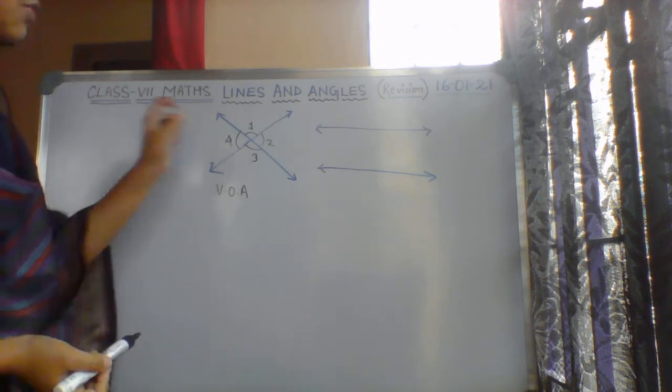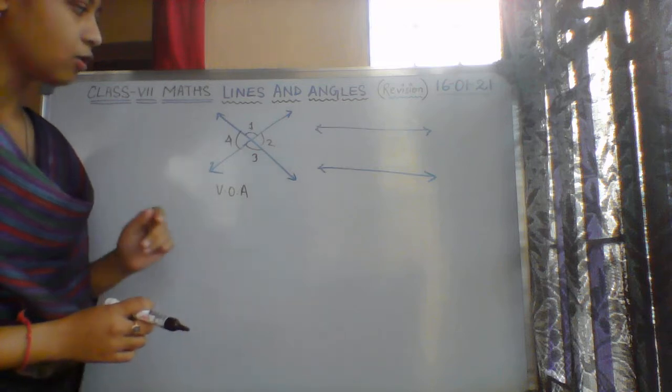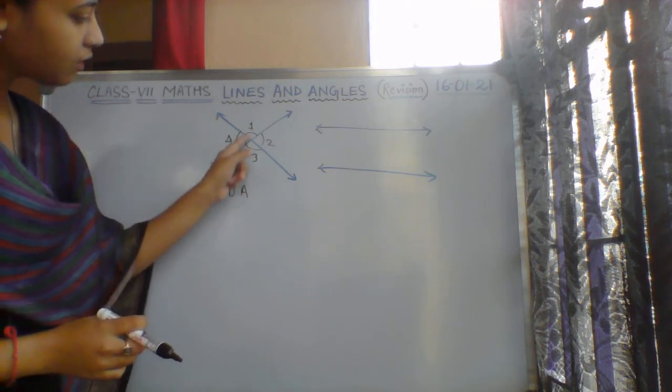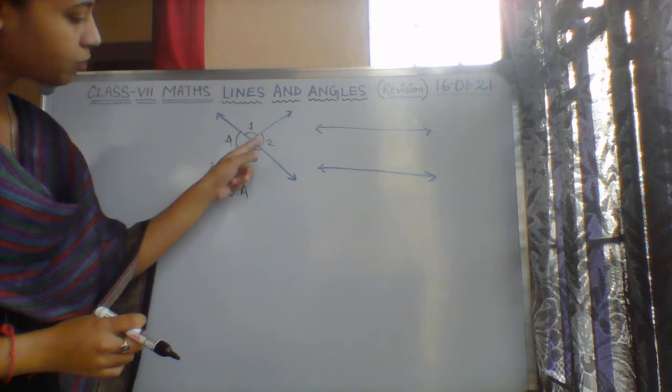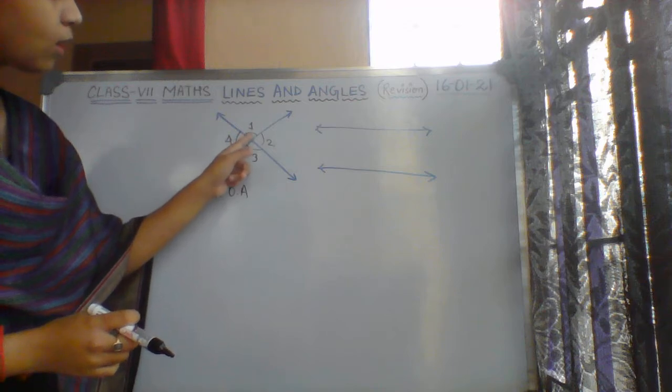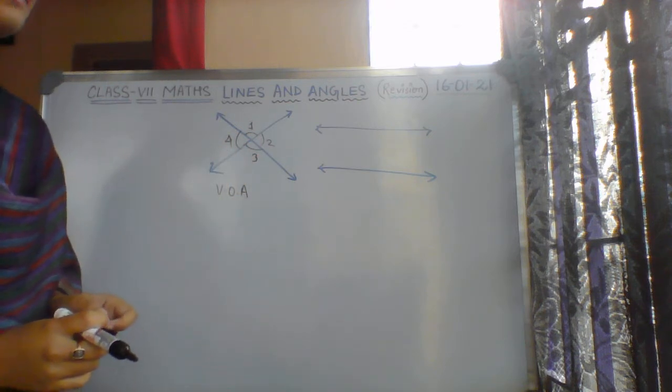In this figure you can also see the linear pair. This is a straight line, and if you add angle 1 and angle 2 measurement, you will get 180 degrees. So angle 1 and angle 2 are forming a linear pair.